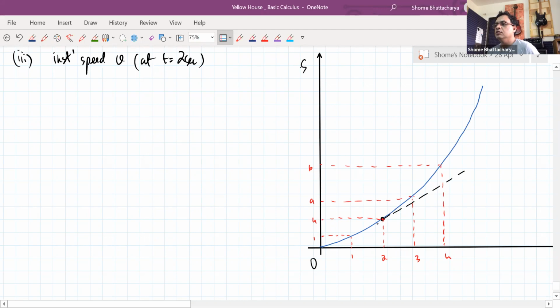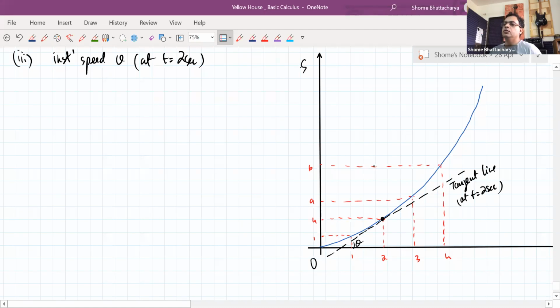That is, let's say this line. Just drawing a rough line over here. Okay. So this is the tangent line at t equal to 2 seconds. So we want to find the slope of the tangent.